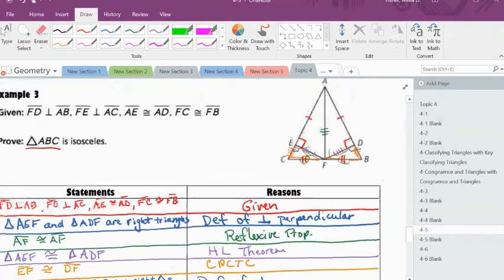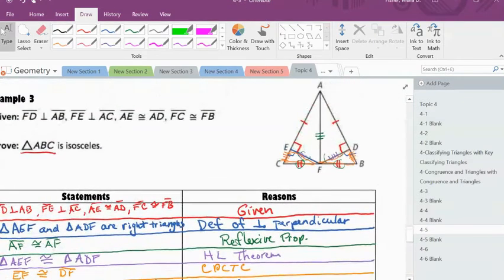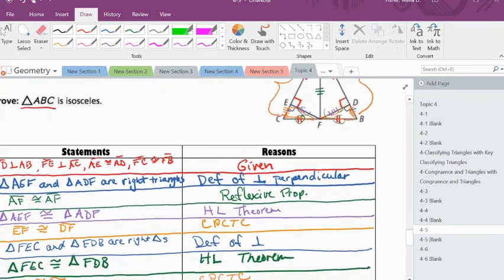I'm going to go back and look at this picture just a little bit more. Now I can say that AE is going to be congruent to AB, and the reason for that is the angle addition postulate.